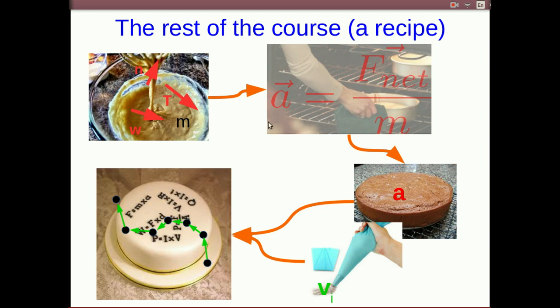The forces cause the acceleration, and the acceleration is responsible for the subsequent motion. Not the other way around. The motion doesn't cause the forces any more than you tasting vanilla in the cake caused the chef to put vanilla in it. That would be ridiculous. So remember that cause and effect relationship. Forces cause accelerations, never the other way around.